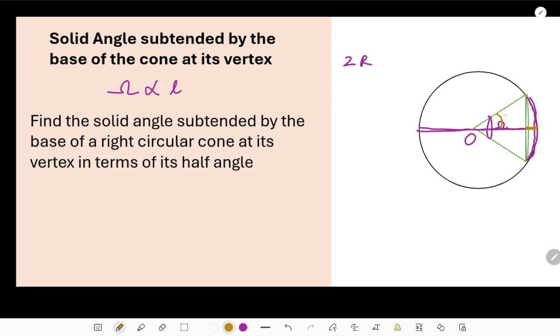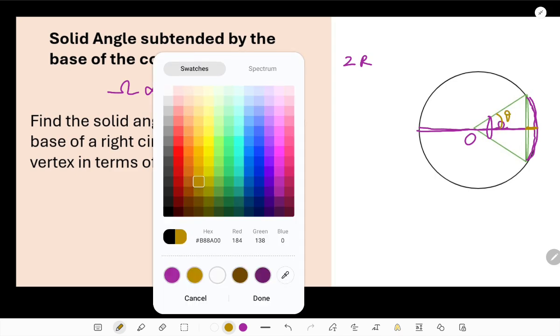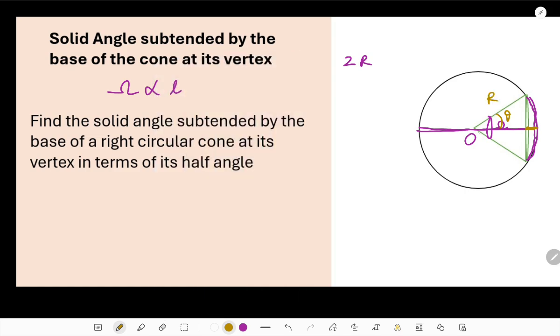If the half angle of the cone is theta and the radius of the sphere is r, then this length is simply r cos theta. From here to here, this length is r cos theta, so that this small length can be written as r minus r cos theta.